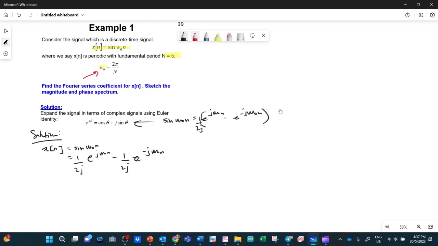If you see here, what is this value? According to the original equation, x[n] is equivalent to the summation of a_k e^(j k omega naught n).